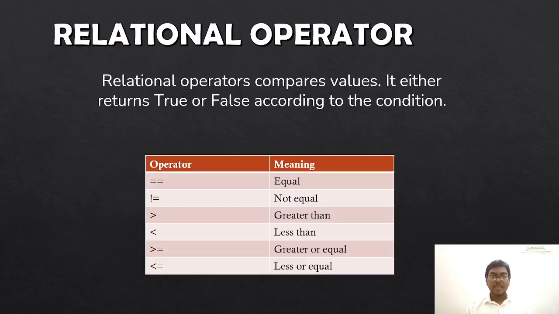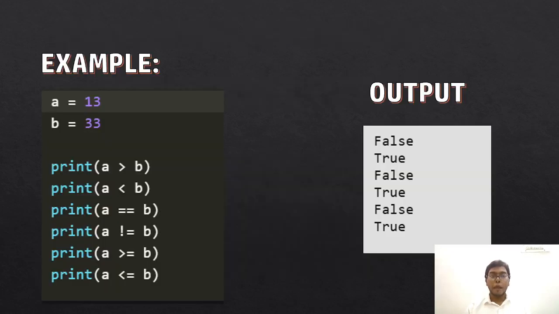If we perform these operations, this is the output that will come. Now we have the relational operators. Relational operators are used to compare values, and they return true or false according to the condition. These are the relational operators: equal, not equal, greater than, less than, greater than or equal to, and less than or equal to.